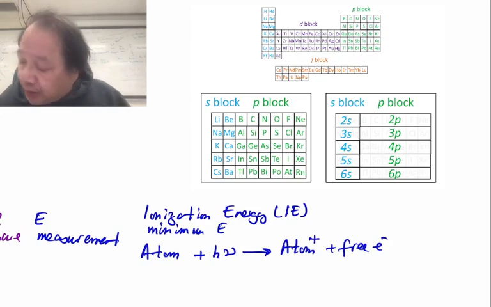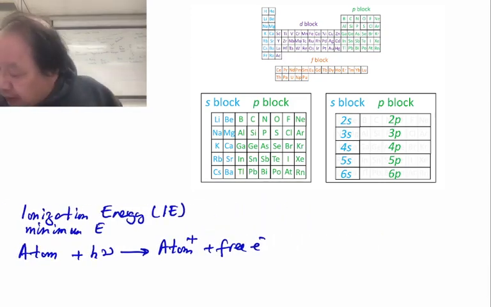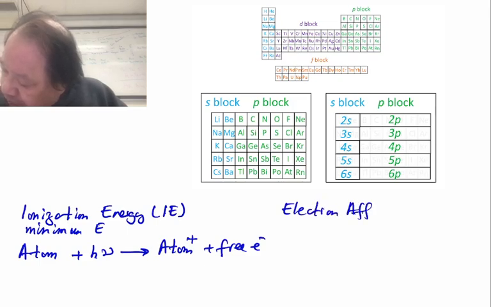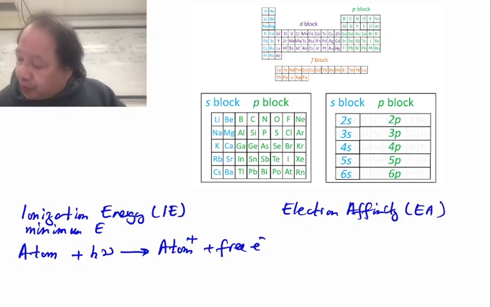But there's a second way we can measure energy, and that's called the electron affinity, abbreviated EA. EA is where you start with an atom and it encounters a free electron.